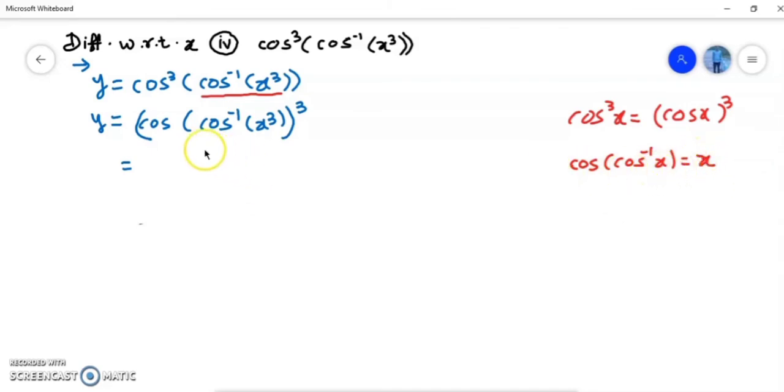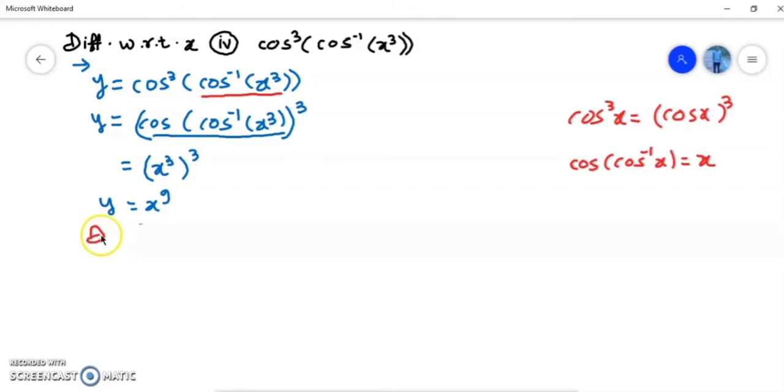Now this property, if you apply, it will become cos of cos inverse of x cube is just x cube, and that whole bracket, this is just x cube, and then cube of that x cube, which turns into just x raised to a raised to m raised to n raised to mn. That means x raised to 3 into 3, 9. This is your y in the very simple form.